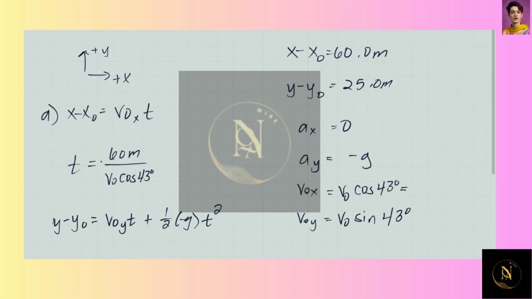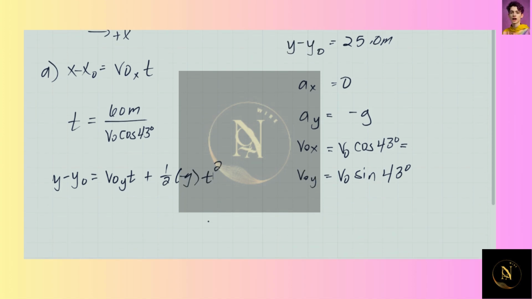So plugging in this time into this equation and knowing that y minus y naught is 25 meters, we can solve for the only unknown, which is the velocity, so v sub naught.